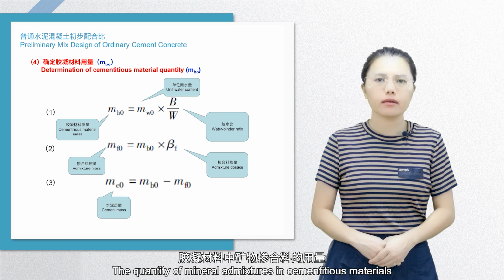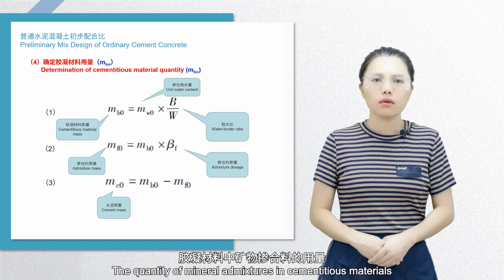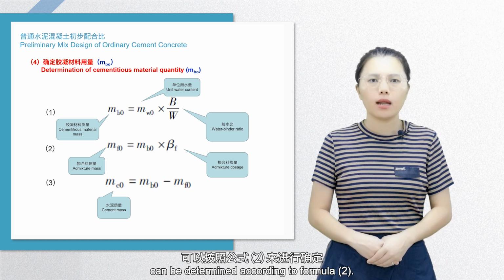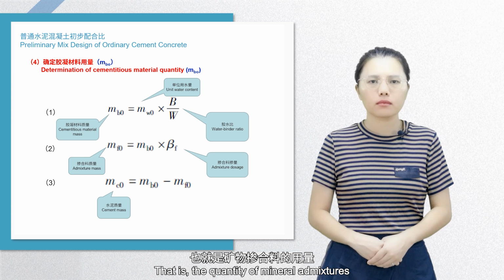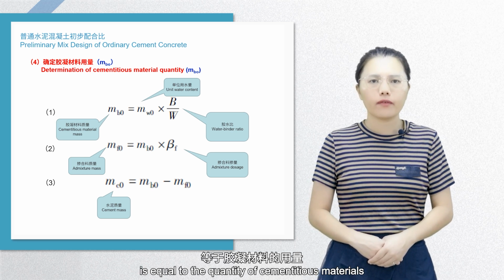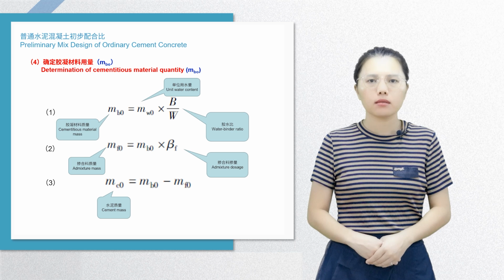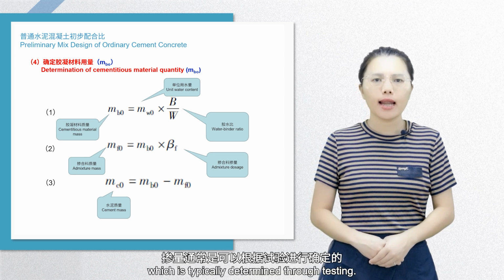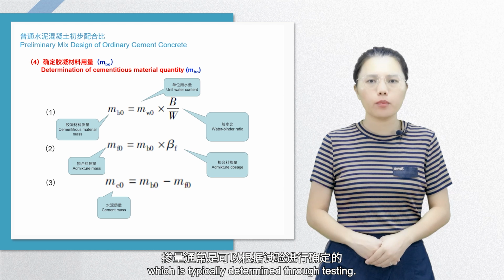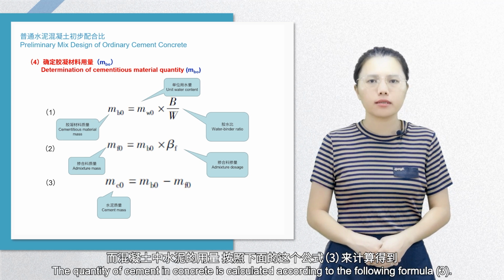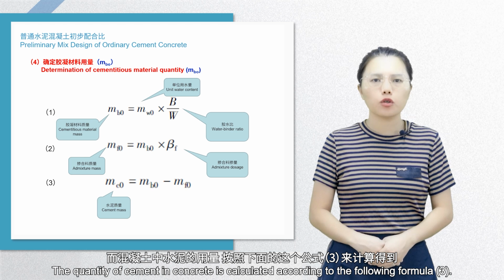The quantity of mineral admixtures in cementitious materials can be determined according to Formula 2. That is, the quantity of mineral admixtures is equal to the quantity of cementitious materials multiplied by the dosage of mineral admixtures, which is typically determined through testing. The quantity of cement in concrete is calculated according to the following Formula 3.